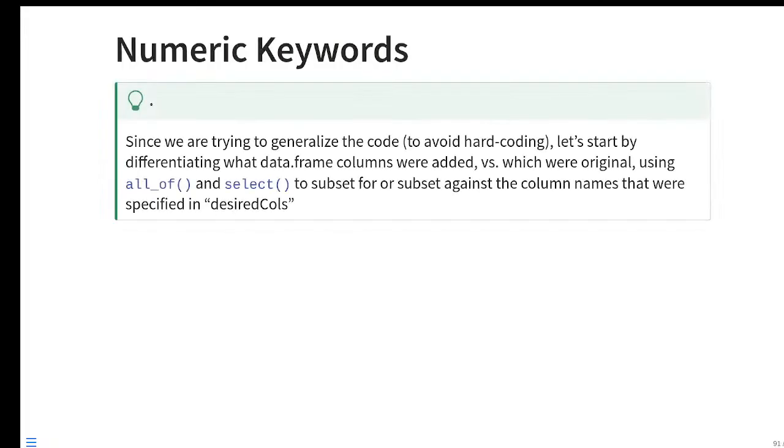So, since we are trying to generalize our code, basically avoiding any hard coding, let's start by first differentiating what data frame columns were added versus which were original, using both the all_of and the select function to subset for or subset against the column names that were specified within desired columns.